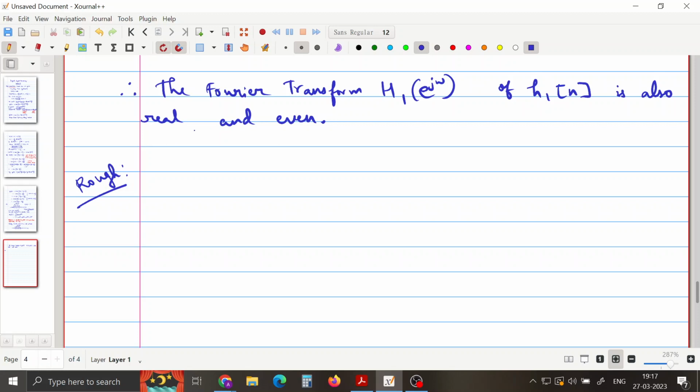Let's convince ourselves that this is true: the Fourier transform of a real and even signal is also real and even. That's what we want to show. So let's say we have a signal x of n. Let x of n be real and even.